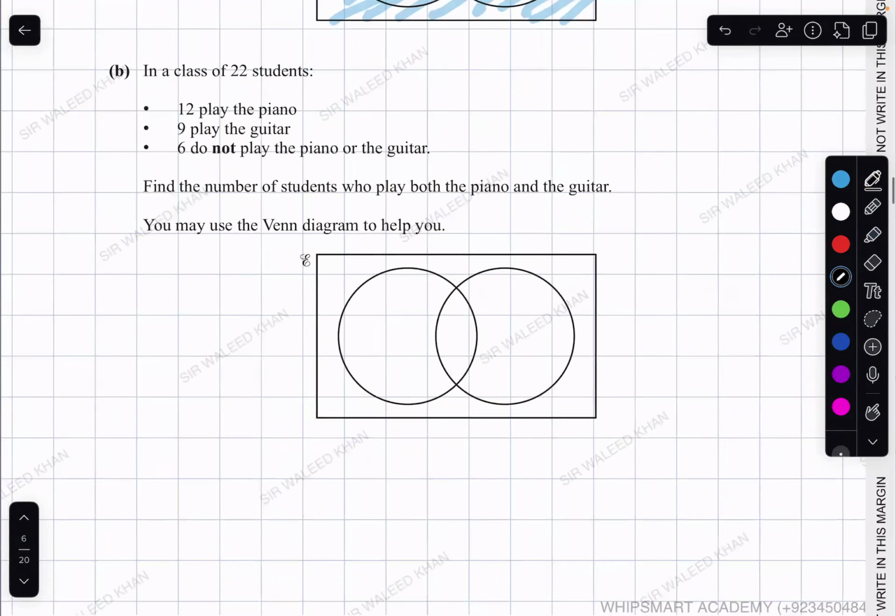Chances of error reduces. So they have drawn this for you. So we are talking about two things: piano and the guitar. So P and G. Always start from the common region. Start with the most common.